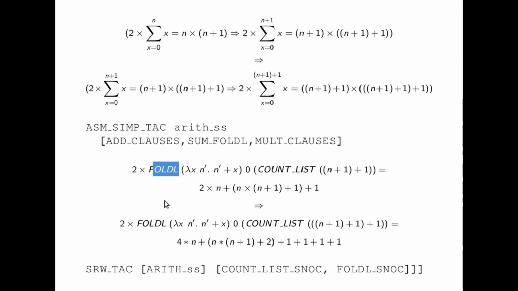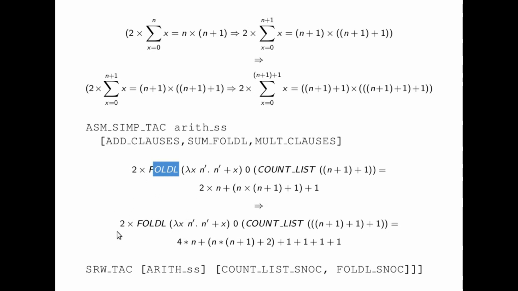Fold left is some operation on lists that enables you to do some recursive computation on lists. So basically we have transformed a problem about summation into a problem about lists. And somehow TacticToe finds it easier to solve, which I don't.